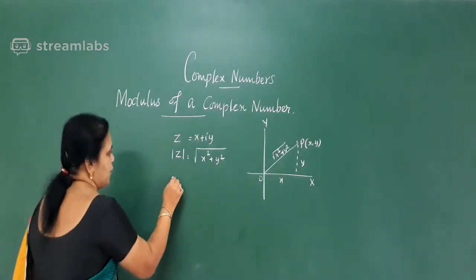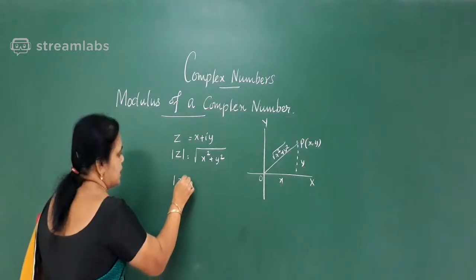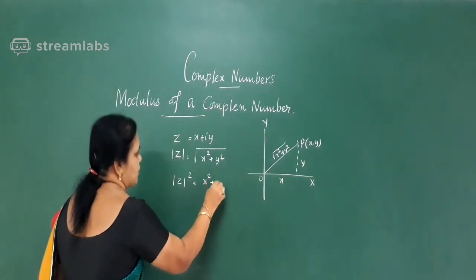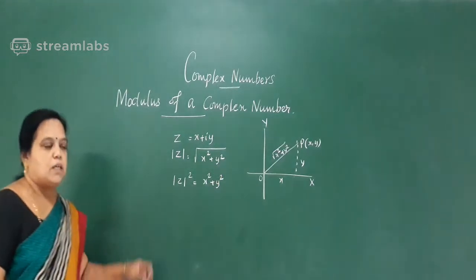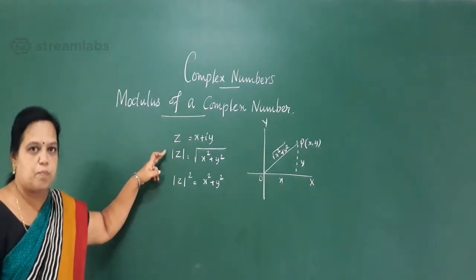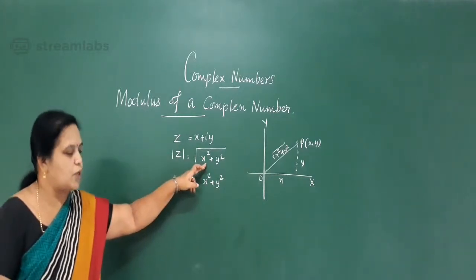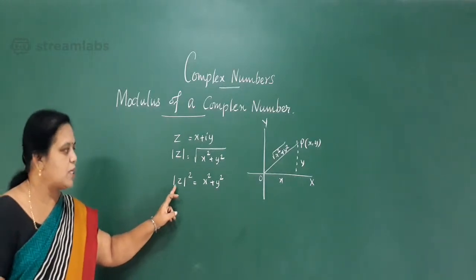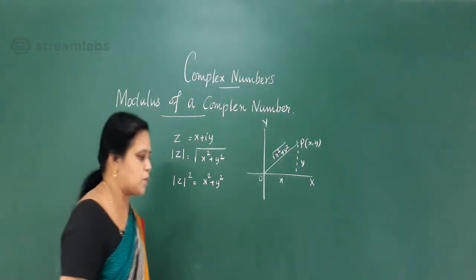If you square on both sides, modulus z square is equal to x square plus y square.